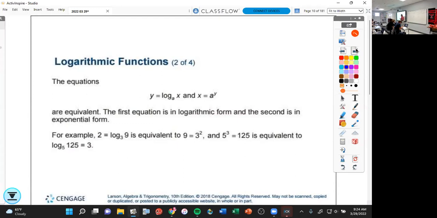So 3 squared is 9. So we could write that as 9 equals 3 squared. If I gave you 5 cubed, what's the base? 5, which means I would write log base 5. So 5 cubed equals 125 is the same thing as log base 5 of 125 is 3. 3 is the power. 5 to the third power is 125.